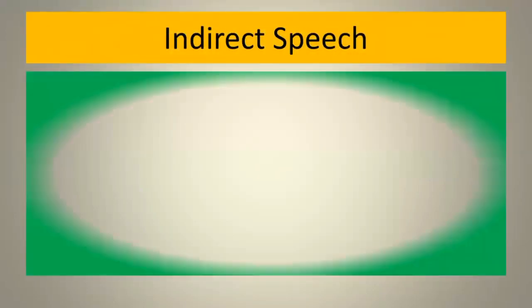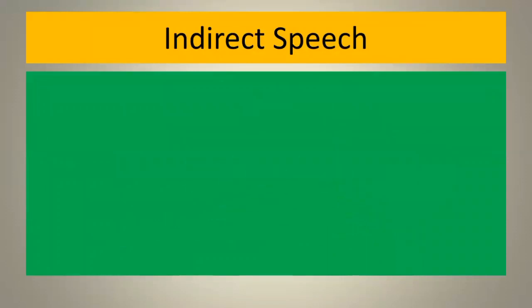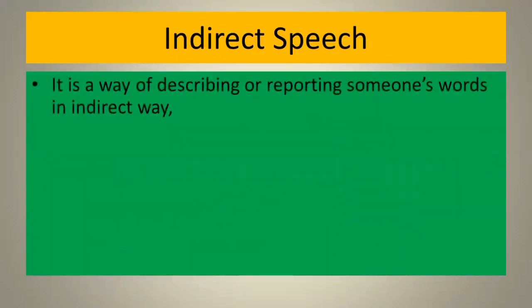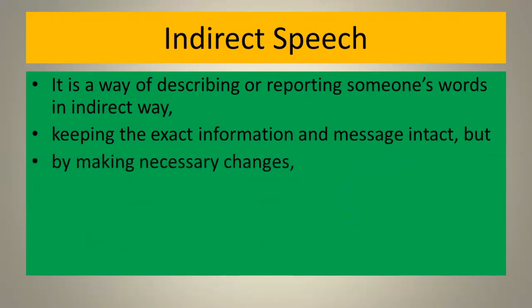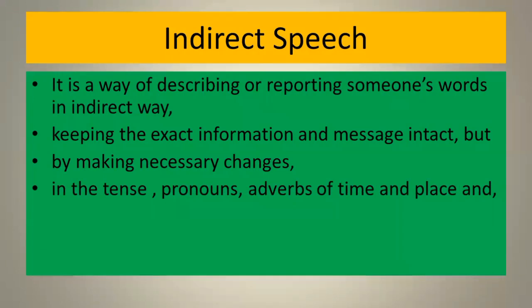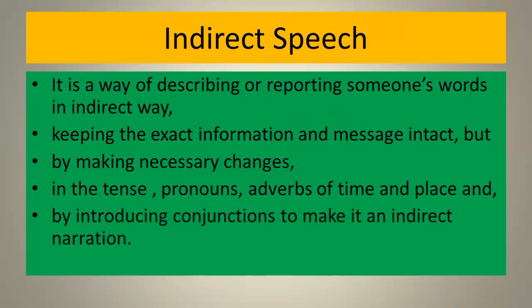And what is indirect speech? Indirect speech is a way of describing or reporting someone's words in indirect way, keeping the exact information and message intact, but by making necessary changes in the tense, pronouns, adverbs of time and place, and by introducing conjunctions to make it an indirect narration.